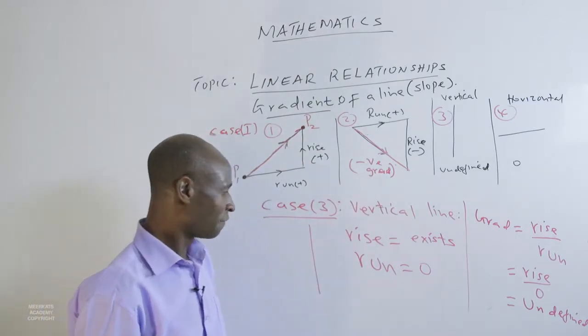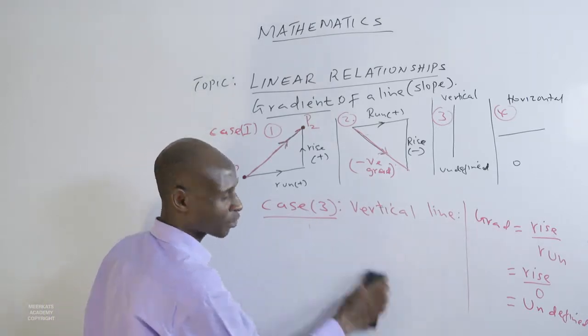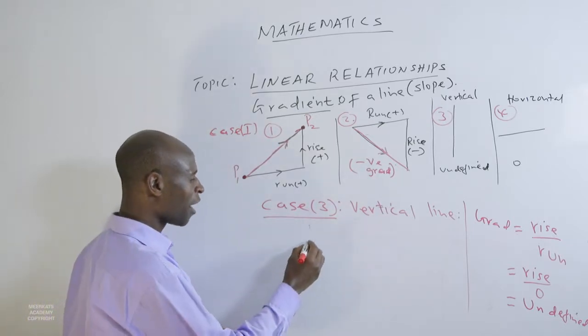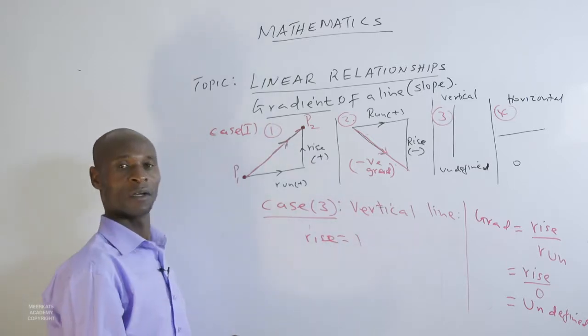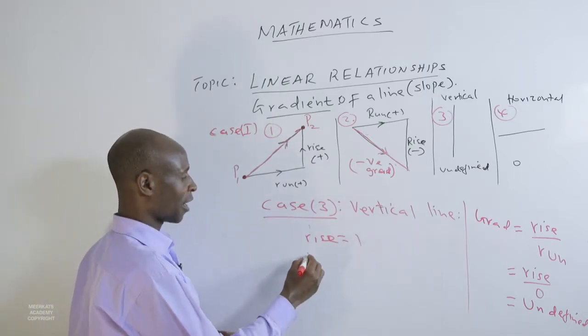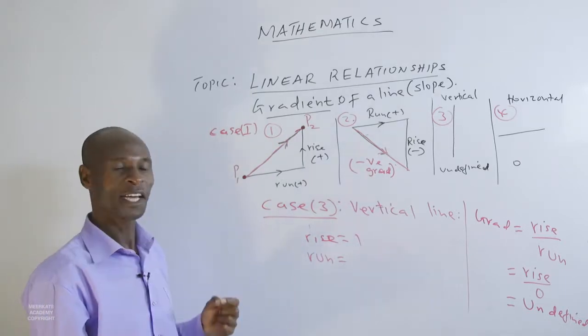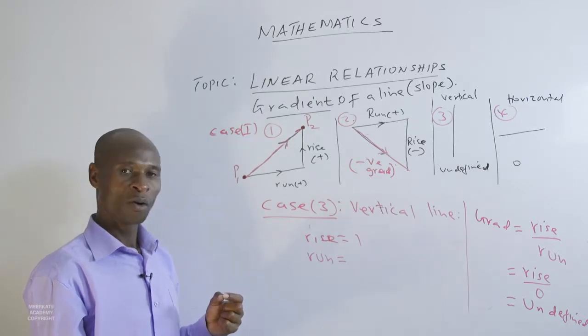Why is it undefined? It is undefined because if we take any value, suppose we say a rise is 1, and we say a run is a value which is very close to 0. We can start with a value like 0.01.